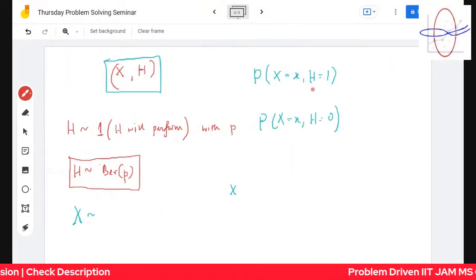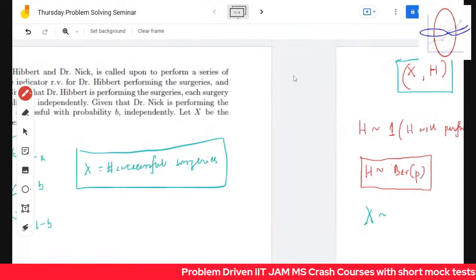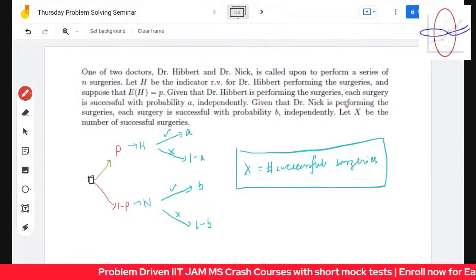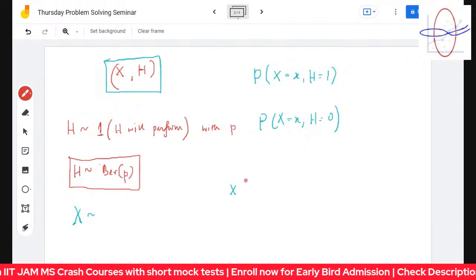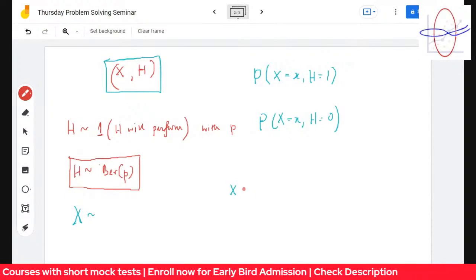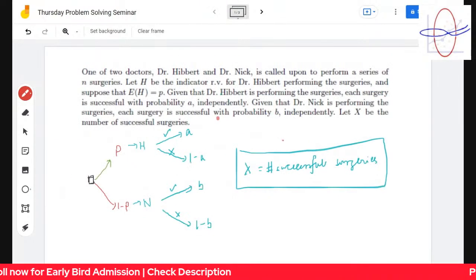So it's like H is there. What we know is that given Dr. Nick is performing the surgery, X is the number of successes.